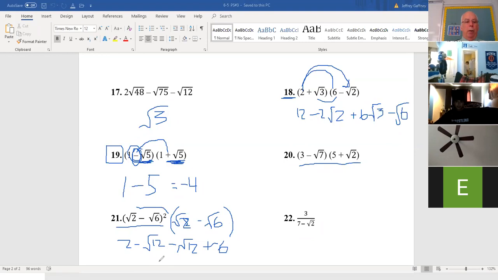All right, now I'm just going to combine like terms. 2 plus 6 is 8. And it's minus 2 radical 12, because I got two radical 12s subtracted from each other. Everybody see that and where that came from?